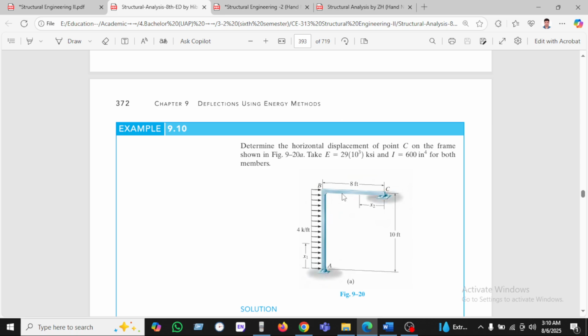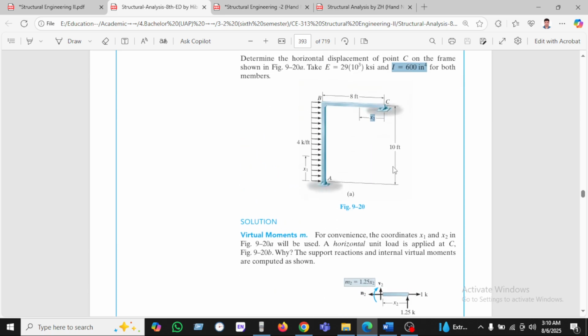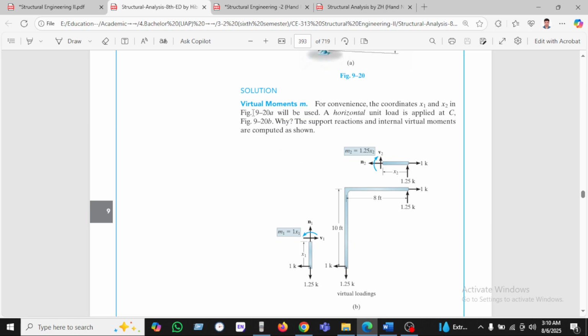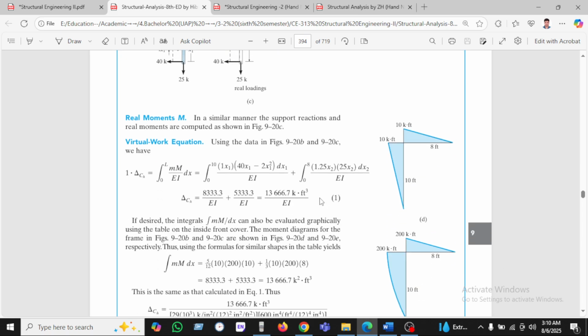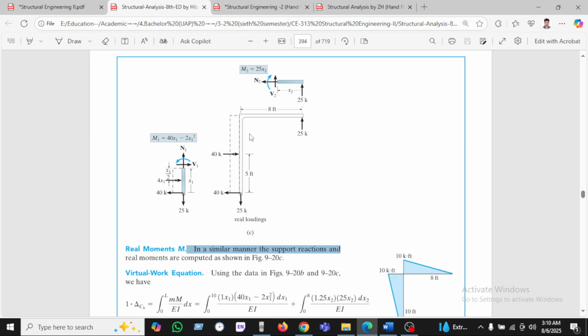If we go to Hibbeler's book, we can see the same problem given here. The 8 feet and 4 kip, x1 is taken here, and x2 is taken here. So 10 feet is here. For the virtual moment, it is not given. Firstly, we have to calculate the real M, which is given here.